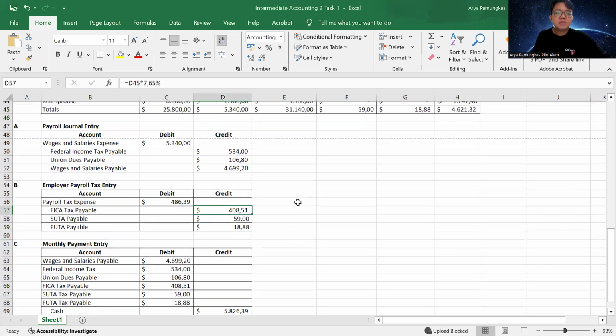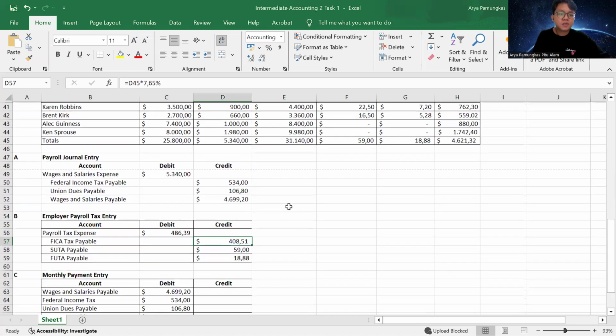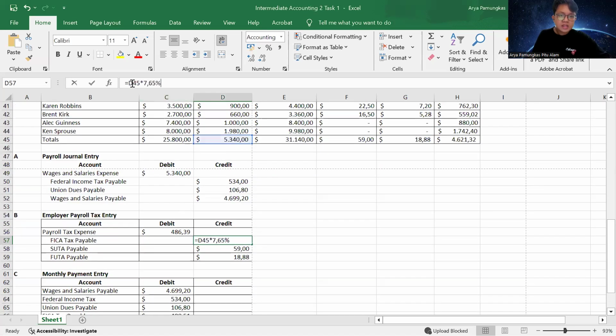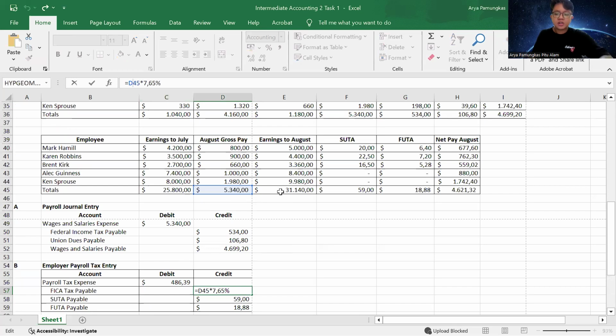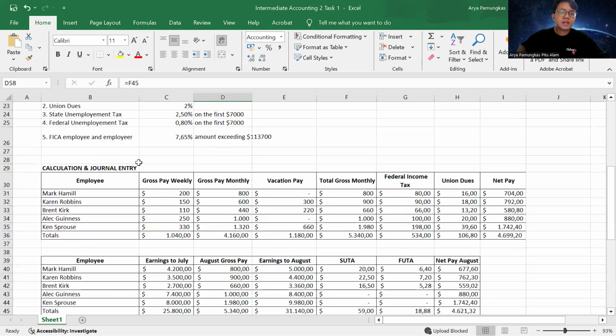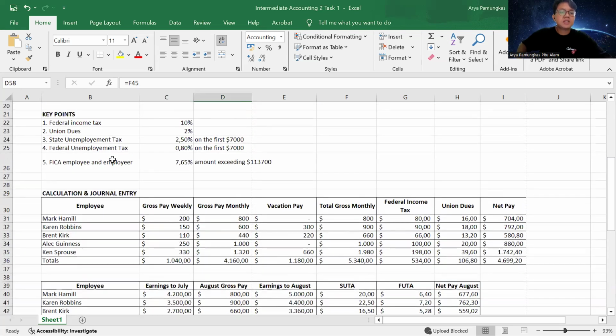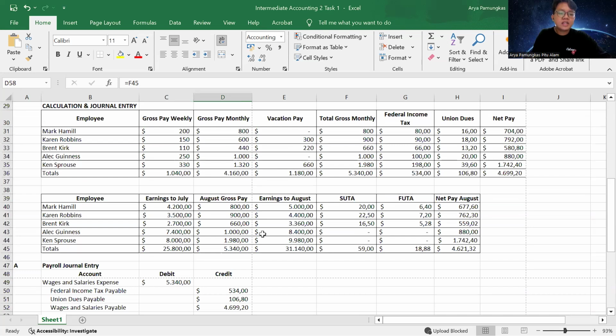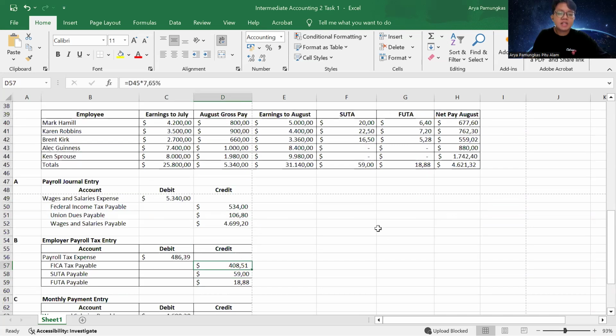Where's the FICA tax payable? We are getting this from the August gross pay, and then we multiply it by 7.65%, as stated before in the key points. So we are getting the number for the FICA tax payable is $408.51.